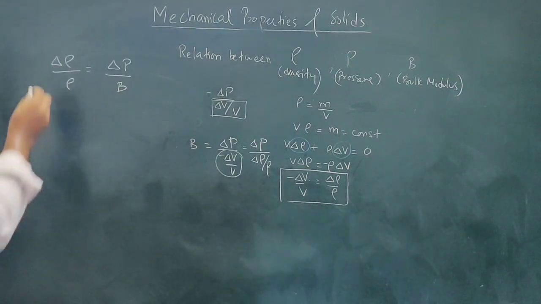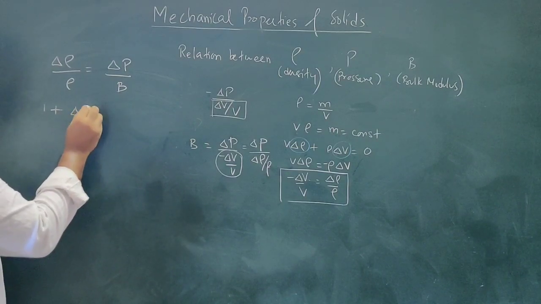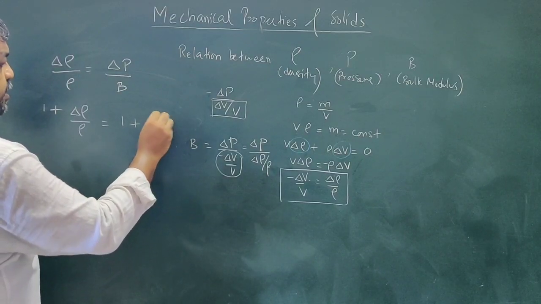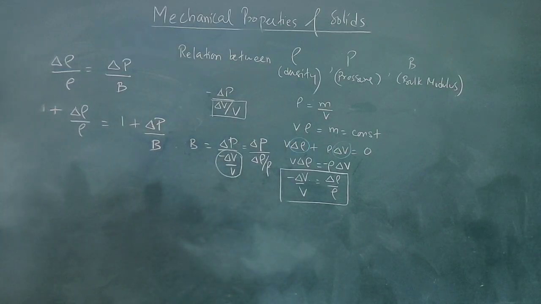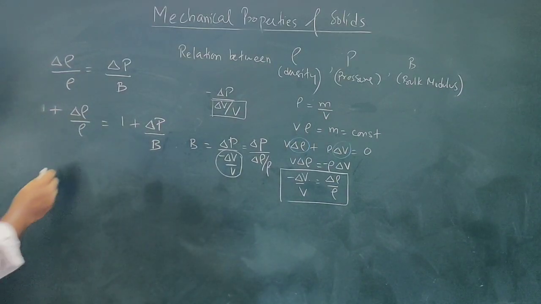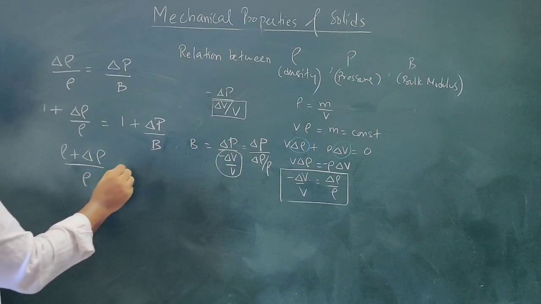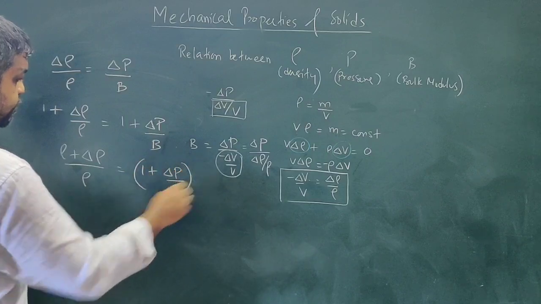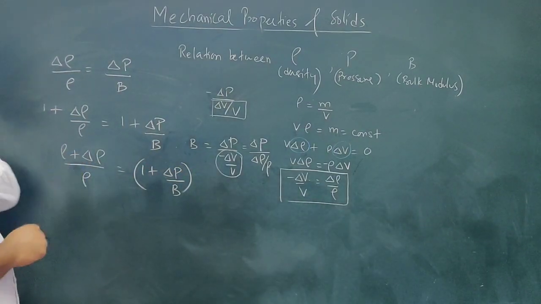Okay, so if I add 1 to both sides, 1 plus delta rho by rho is equal to 1 plus delta P by B. Be careful, this is P, this is rho. So rho plus delta rho by rho is equal to 1 plus delta P by B. Rho plus delta rho means the final density, initial density plus the change in density.